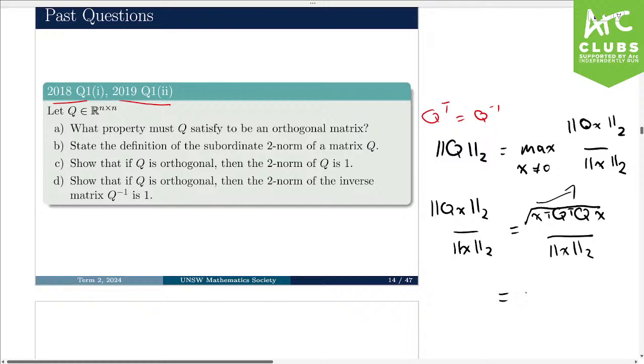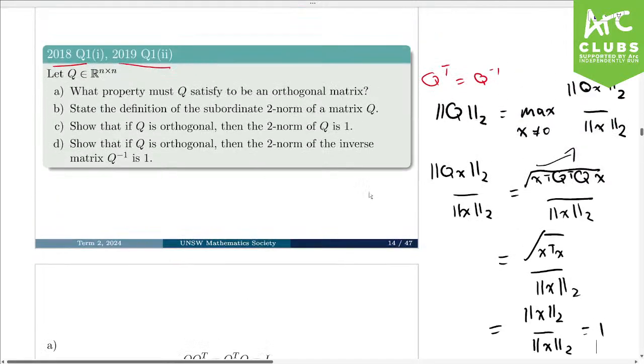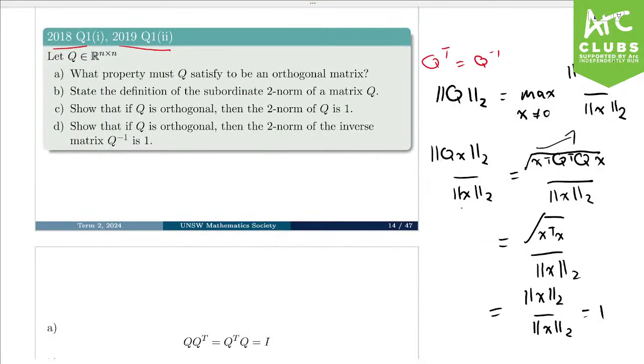So what we have is the square root of X transpose X over the 2 norm of X. And we know that's just the 2 norm of X. So this is always equal to 1, which means the max over non-zero x is also 1. So that means the 2 norm will always be 1.